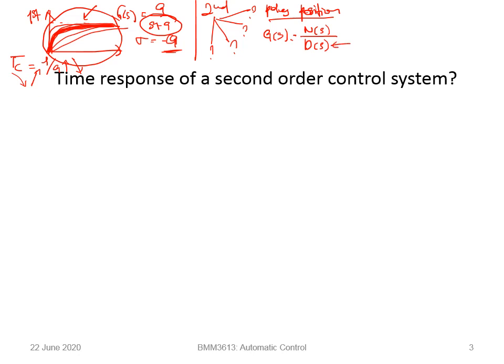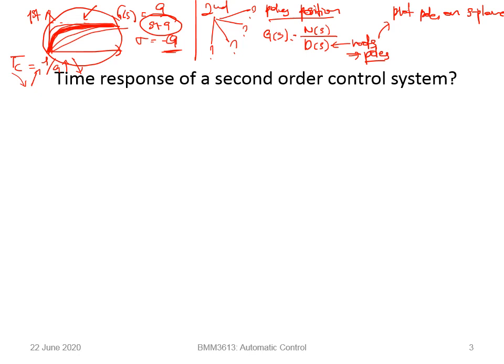If you find the roots of the polynomial in the denominator, these are basically your poles, right? And once you find your poles, what you need to do is to plot them. This should be automatic after this. When you find your poles, you plot them on what we call the S-plane. We've done this in a previous chapter, but we revise again.